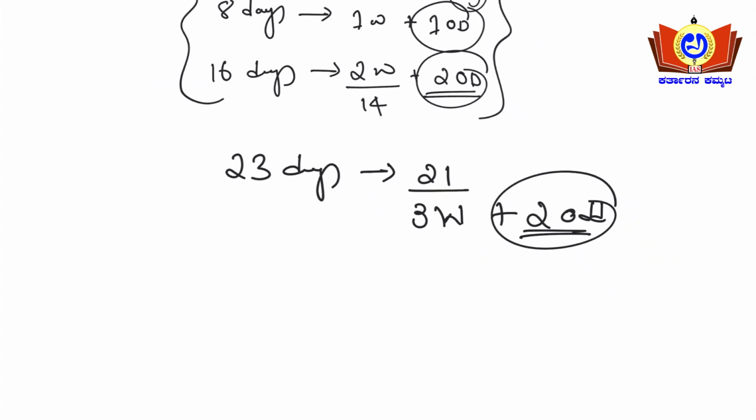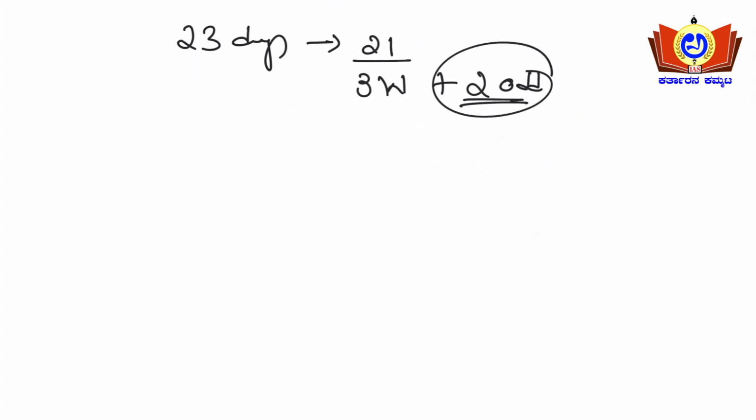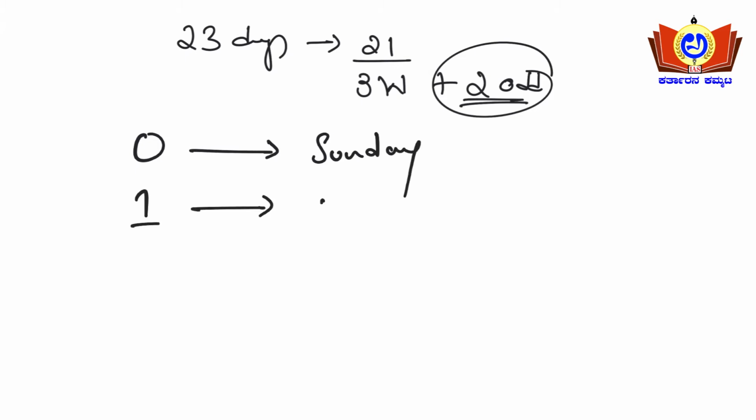Also I'll tell you one concept here, so try to remember that. If there are 0 odd days, then it will be Sunday. If it is 1 odd day, then it will be Monday.